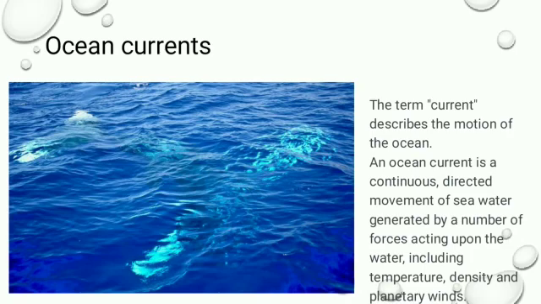Which forces have we seen in the experiment? Temperature. As the temperature increases, the water starts moving. Why? Because the density of the water changes. So which forces act upon the water? Temperature, density and winds. Now we will see in the next session how ocean currents and temperatures are related to each other.